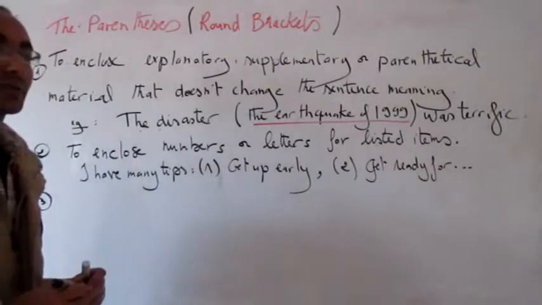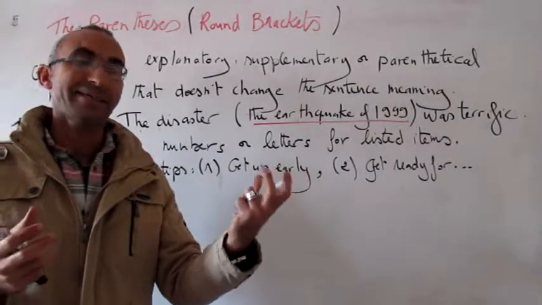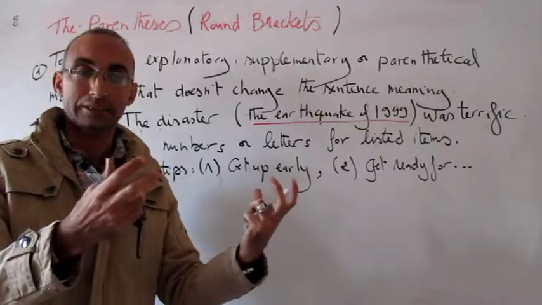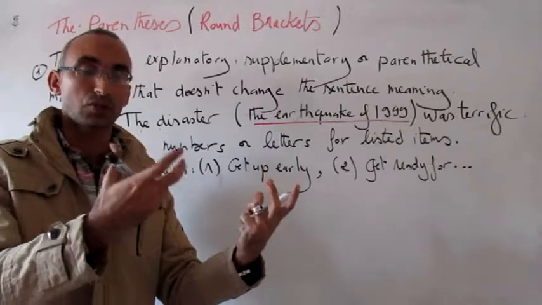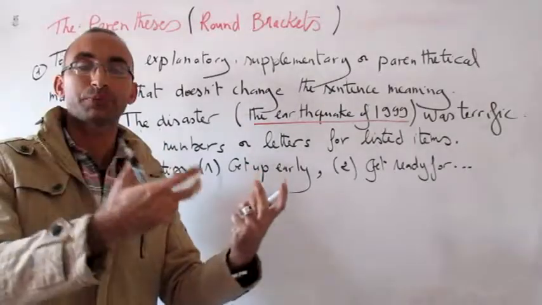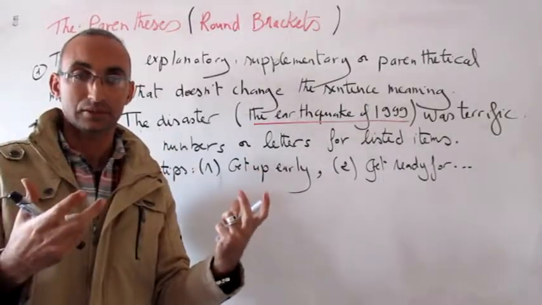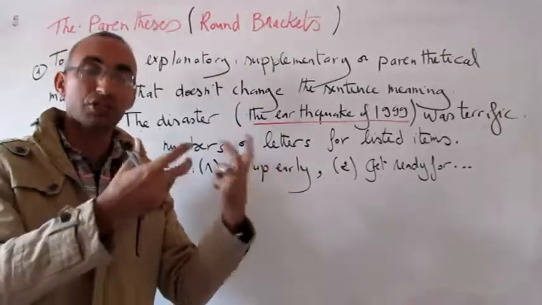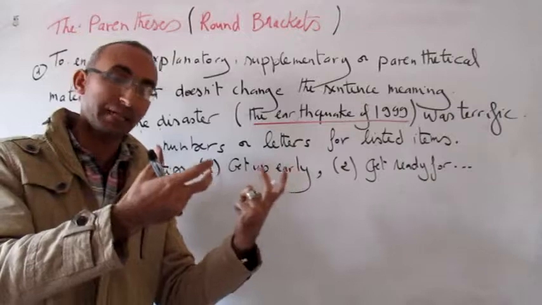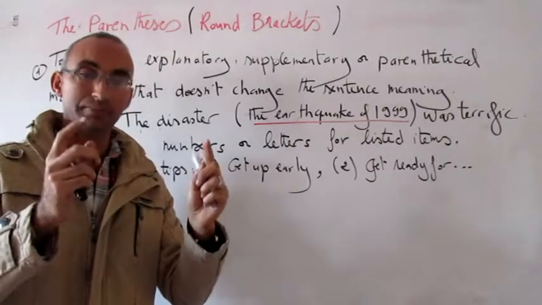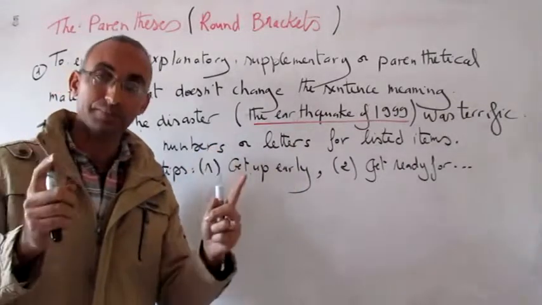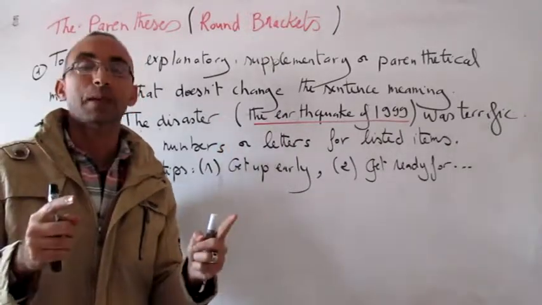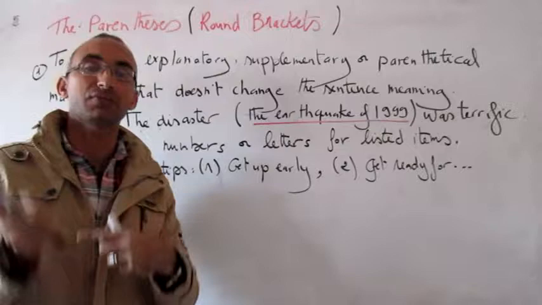Also, we have another case for parentheses, which concerns acronyms or abbreviations when they come in the sentence together with the full words they represent. So in case you start with an acronym or abbreviation, you must place the full words which come after this acronym between parentheses, and vice versa.